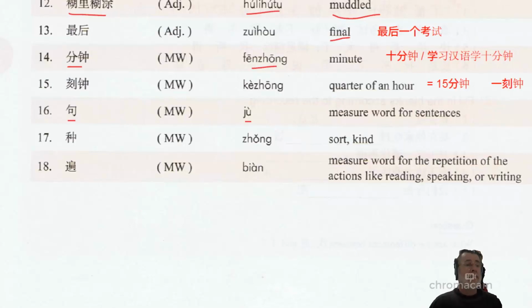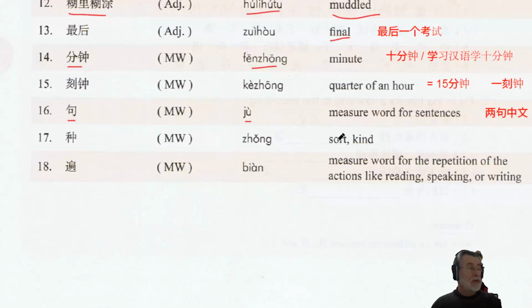But if you change the word 句子 for something like Chinese, we could say 你说两句中文, 两句中文. So to say 2 sentences of Chinese, 两句中文. Sorry about that, guys, that nearly went off the screen. So it's used in that sense as a measure word.